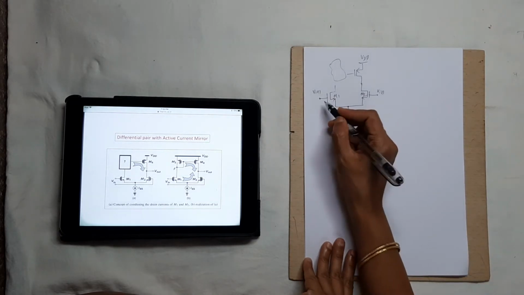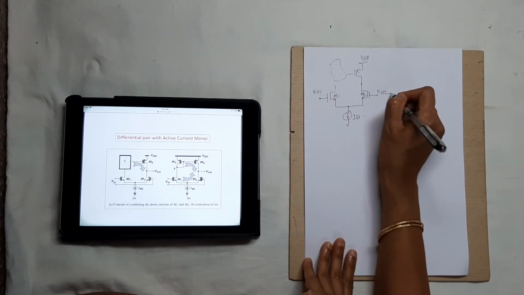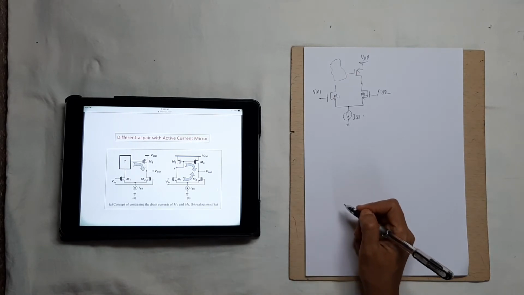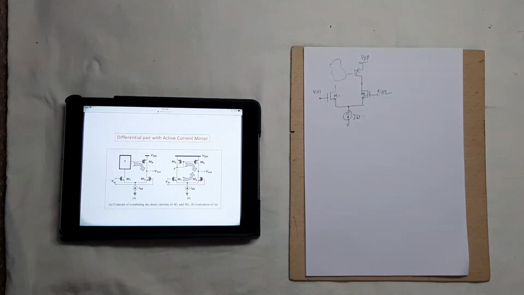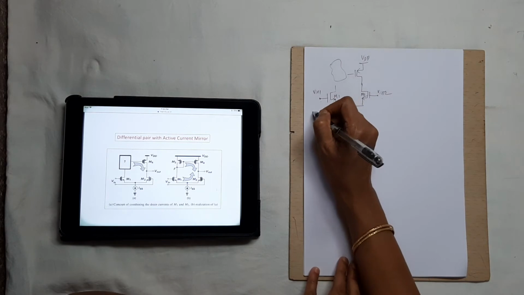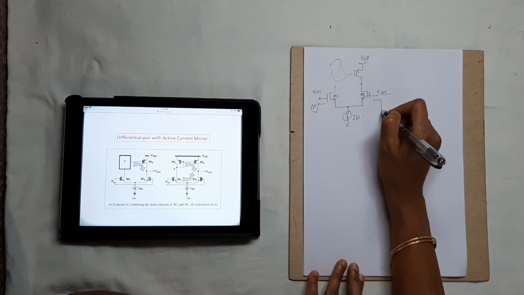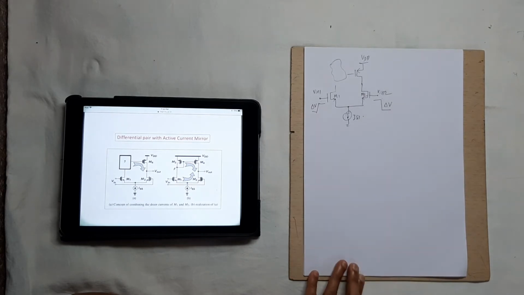Now initially V in 1 and V in 2 are equal. Later we will allow one to go up and another to go down. So let us say V in 1 increases by delta V and V in 2 decreases by delta V.